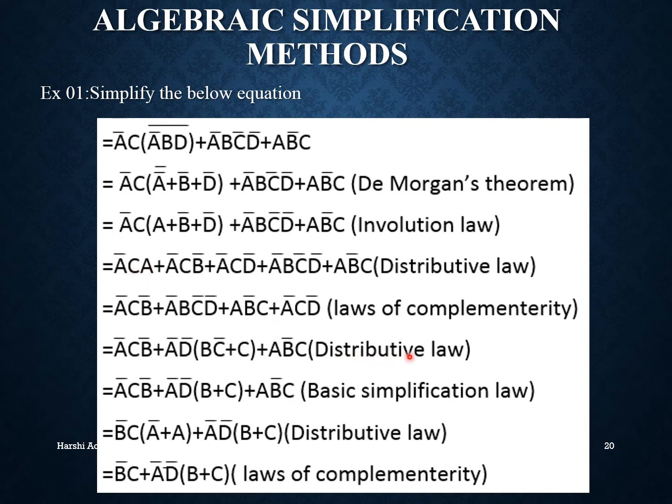Now using distributive law, we can join this term and this term. Then here this term comes to this using the basis simplification law. Now when we join this term and this term using distributive law, due to laws of complementarity, A bar plus A equal to 1.